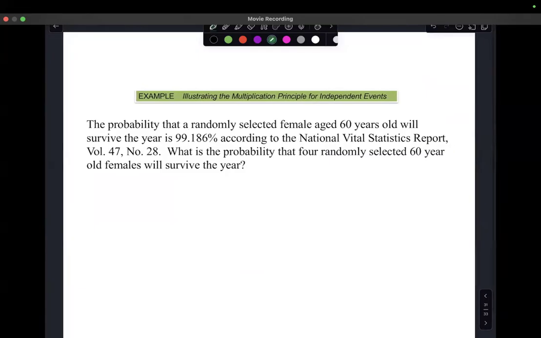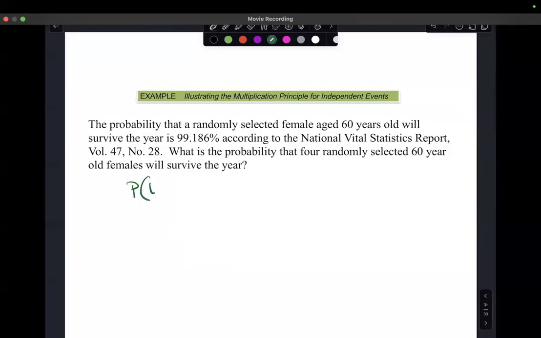So, I want the probability one survives and two survives and three. I'm going to just do it and you do the same thing. Uh-oh. If I could write it correctly.